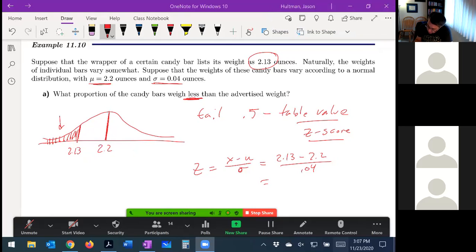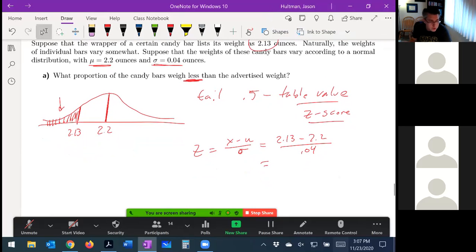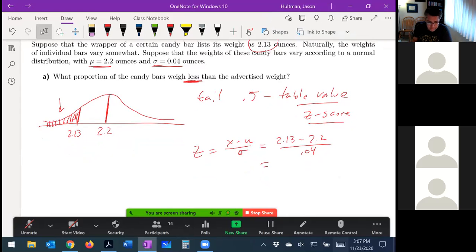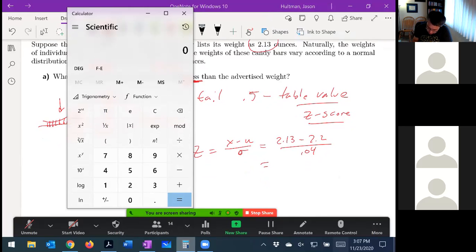Okay, so 2.13 minus 2.2 over 0.04. When I plug that into my calculator, 2.13 minus 2.2 divided by 0.04, I get negative 1.75.